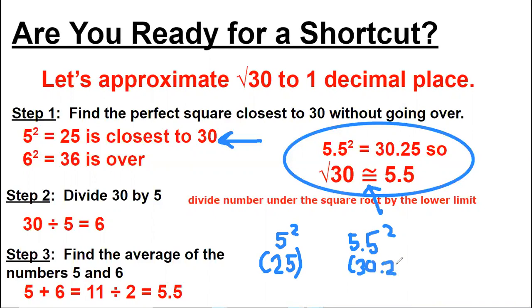And then at that point, if we needed to go 2 decimal places, we would then have to find the average of 5 and 5.5, find the exact middle right here. How do we find that? Well, we would add 5 and 5.5, and we would divide by 2. So we would end up with 10.5, and we would divide 10.5 by 2. That would give us 5.25.